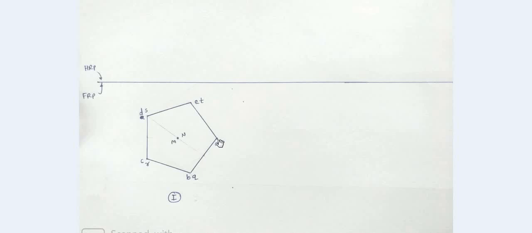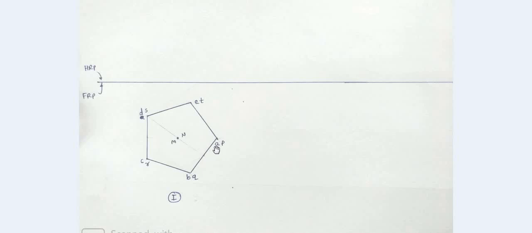After drawing the pentagon, the important thing is nomenclature. First we will give names to the corner points of the lower base, and we have decided that the lower base will be named A, B, C, D, E, and that too we have decided that this corner A would be resting in HRP. That's why the corner which has been kept free on the right hand side, from that point we will start the nomenclature.